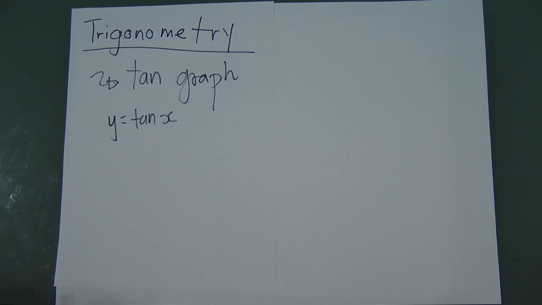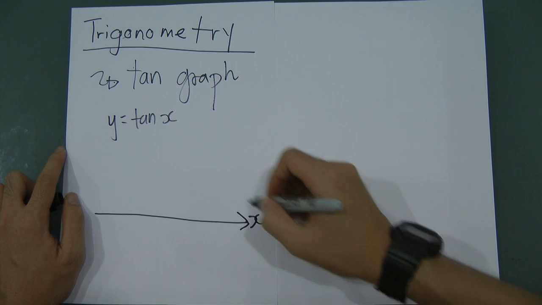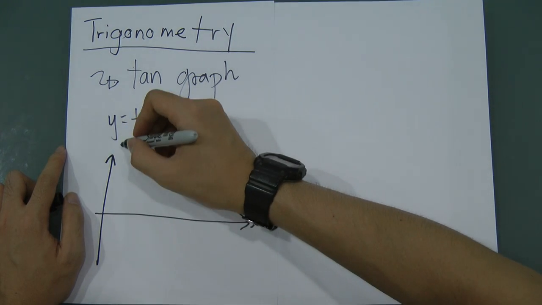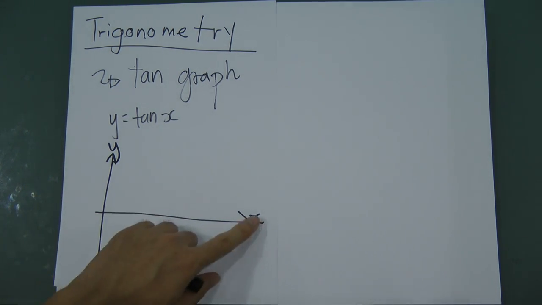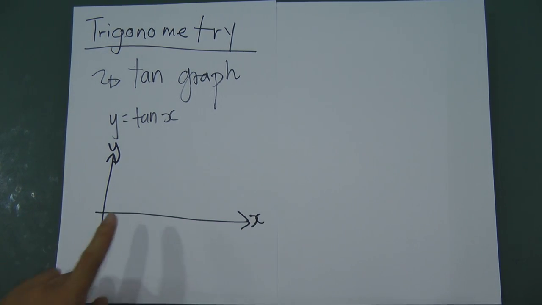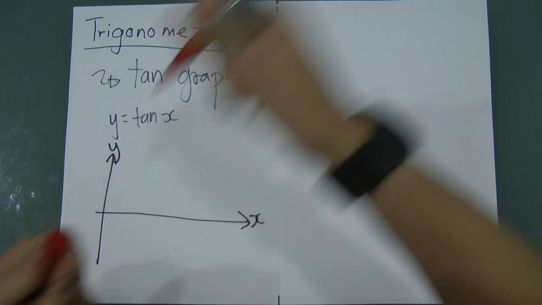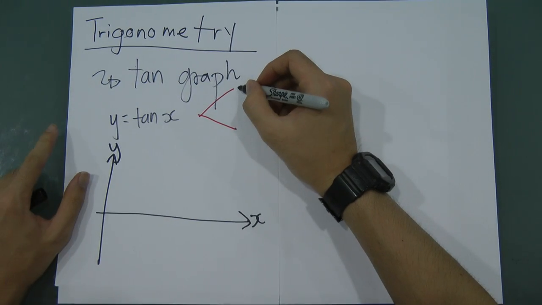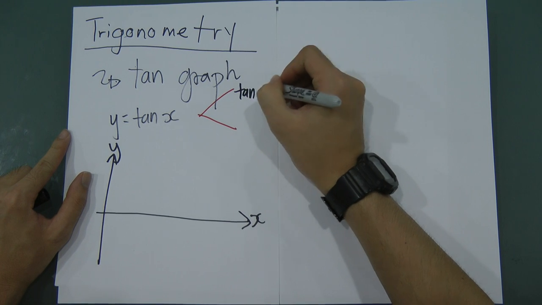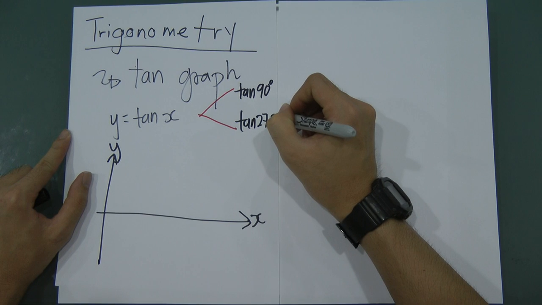Here is my x and here is my y. For the tangent graph, two angles are very important. Just make sure you memorize them. I use different colors to help you memorize them. One is tangent 90 and the other is tangent 270.